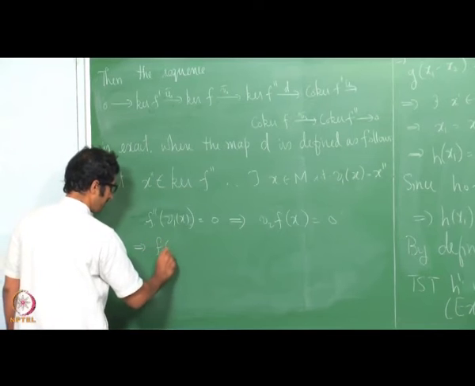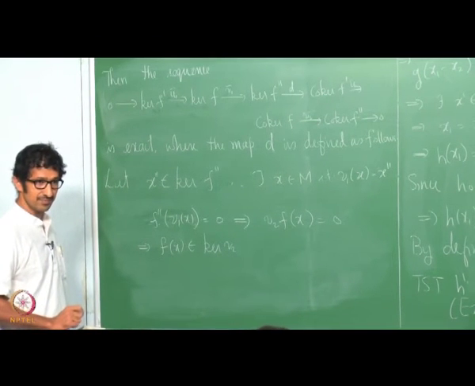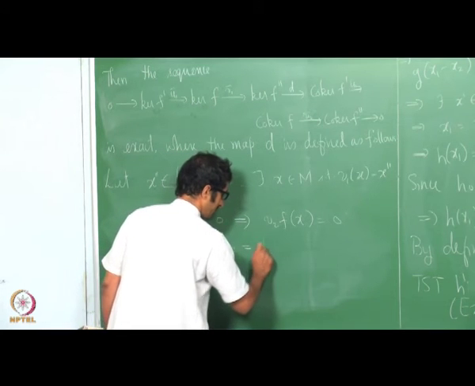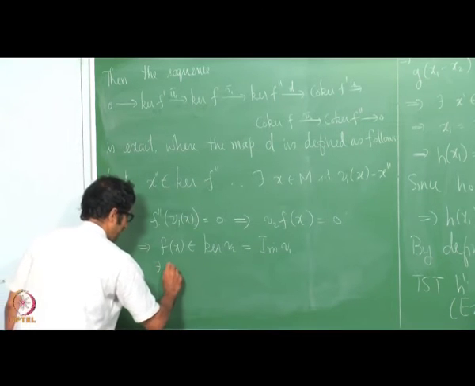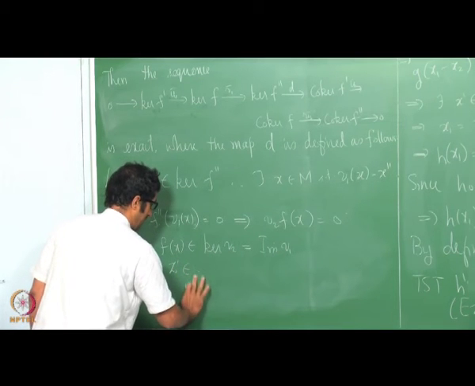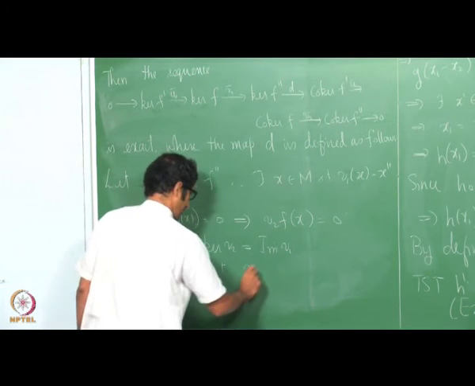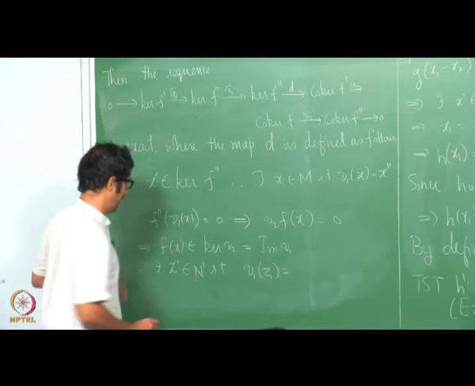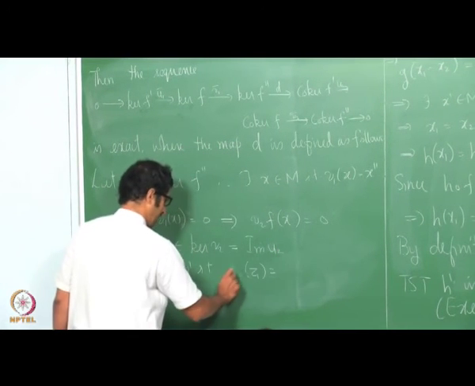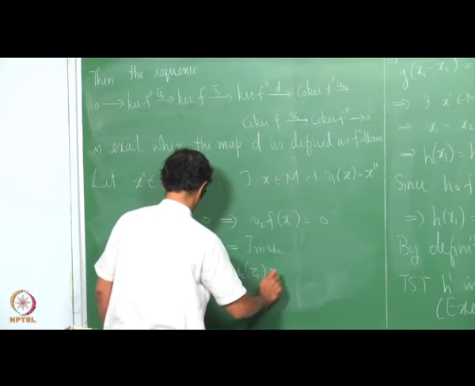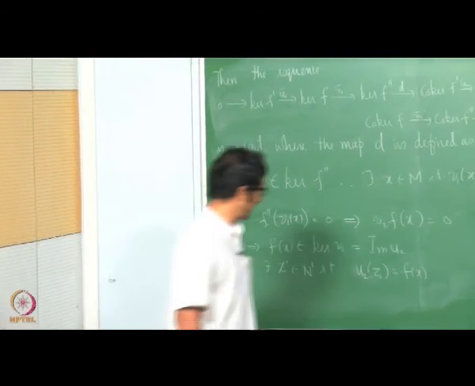That means f of x belongs to kernel v2. But what is kernel v2? This is the image of u2, since the bottom row is exact. Therefore, there exists some z prime in n prime such that u2 of z prime is f of x. So, what have we obtained?